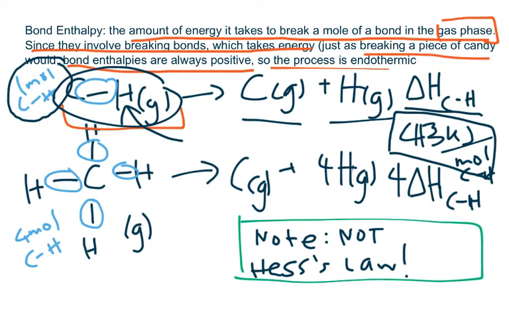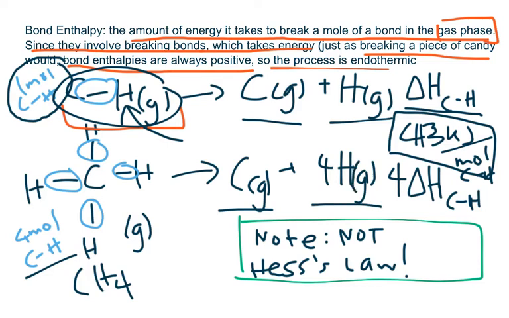Now let's take a look at something more complicated, something like methane, CH4. Now 1 molecule of CH4 has 4 CH bonds, so a mole of CH4 would have 4 moles of CH bonds, and when you break this apart you get 1 mole of C and 4 moles of H, and note that they're all in the gaseous phase.